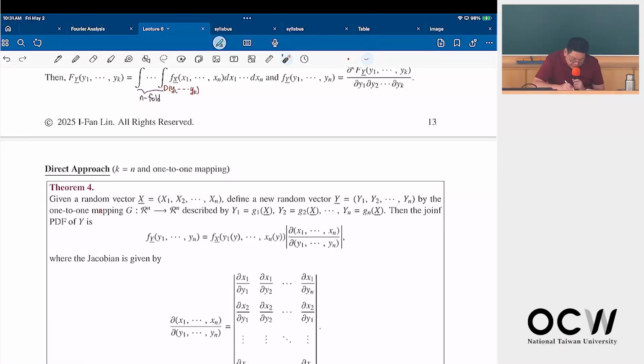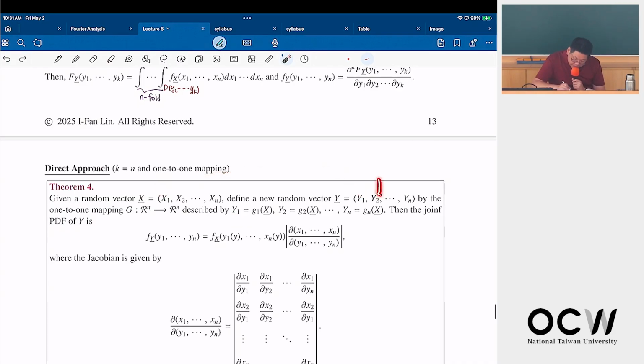Given a random vector x1 to xn, and also another random vector y1 to yn, and it is a one-to-one mapping. So here you can see that y1 is a function of the random vector x, y2 is a function of the random vector x, and yn is also a function of the random vector x.